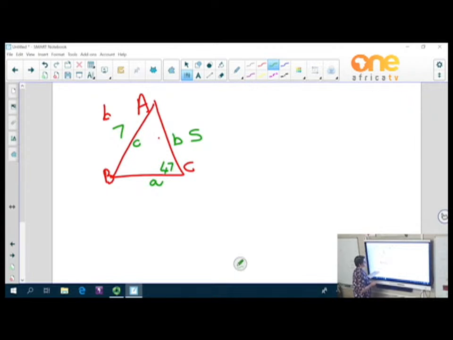There is C, 47 degrees. So we have to find angle A. They want A. So that means that sine A, which side is opposite? C is 7, B is 5, angle C is 47 degrees, find angle A.